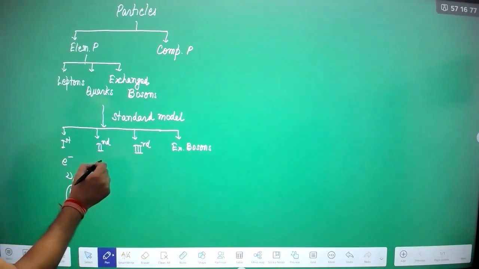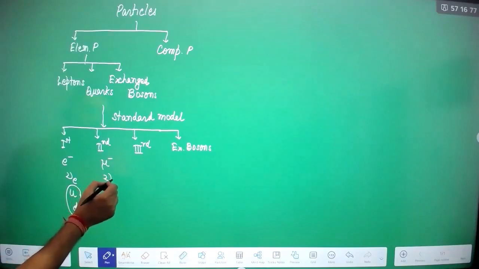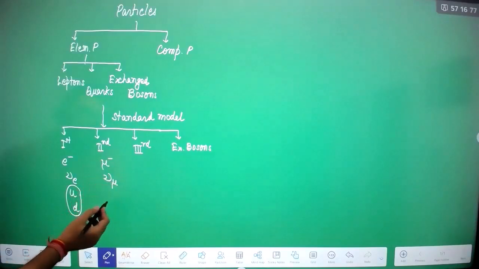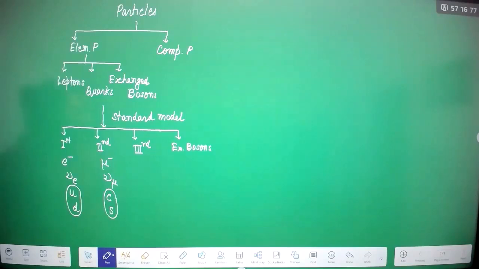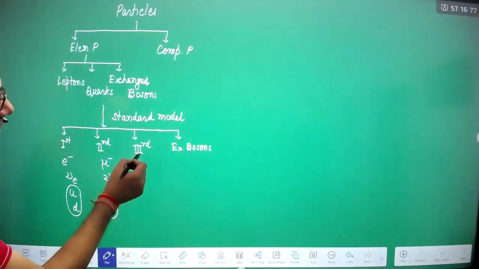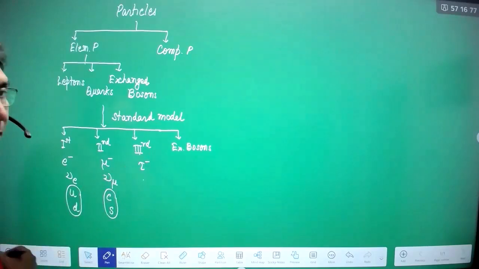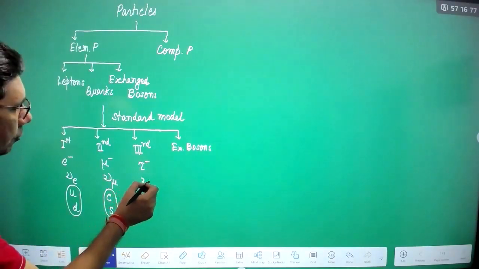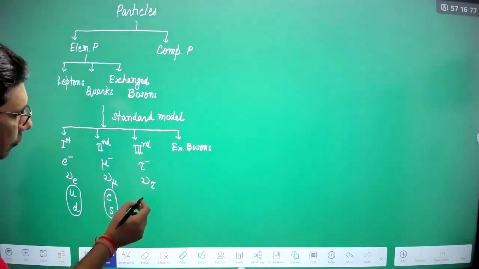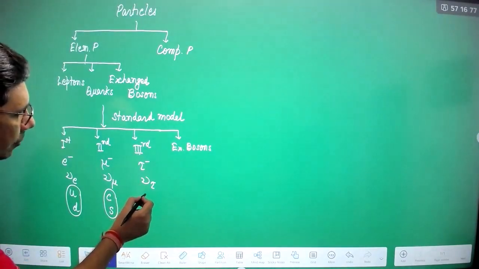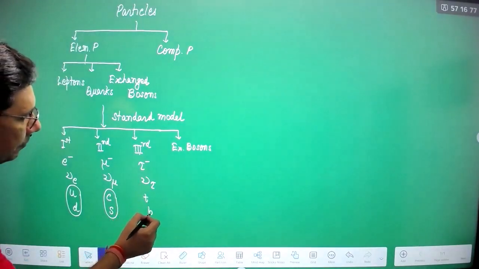Here you have muons, mu minus and nu mu, and two quarks, charm and strange. In the third generation, we have the tau particle and tau neutrino, and two quarks, top and bottom.